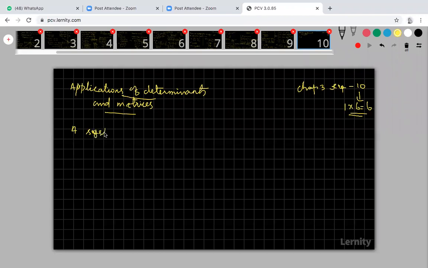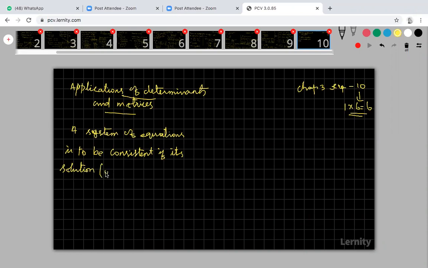A system of equations is said to be consistent if its solution exists.